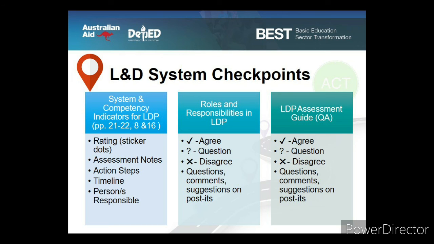And the LDP assessment guide: the things being asked are whether the members who checked it agree, whether there are questions or disagreements, and then questions, comments, suggestions on post-its.